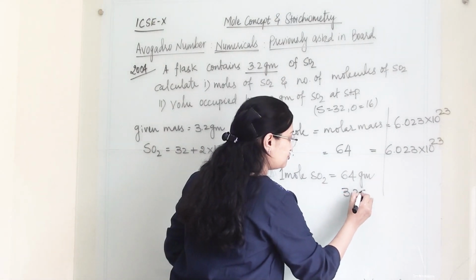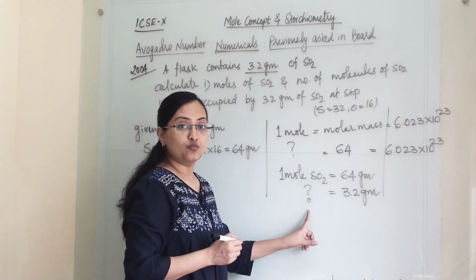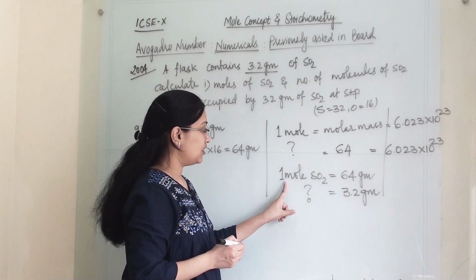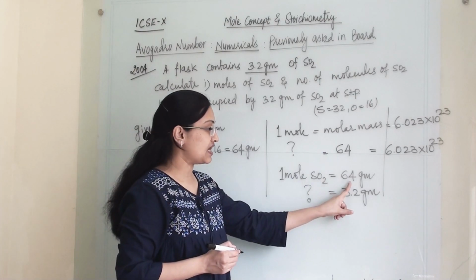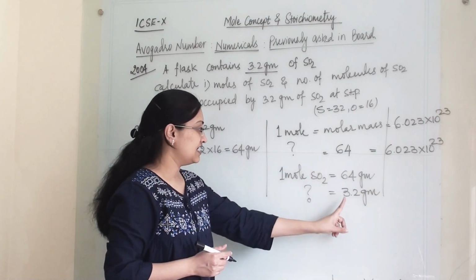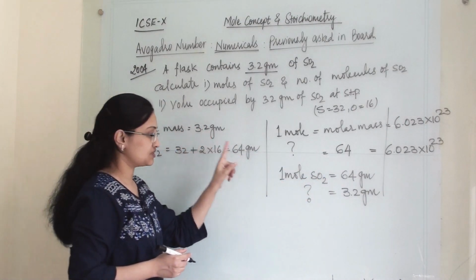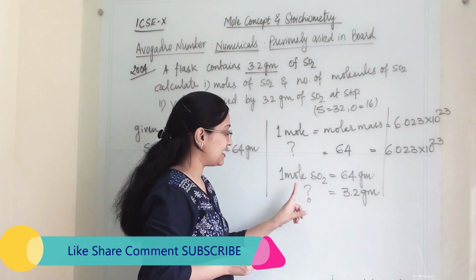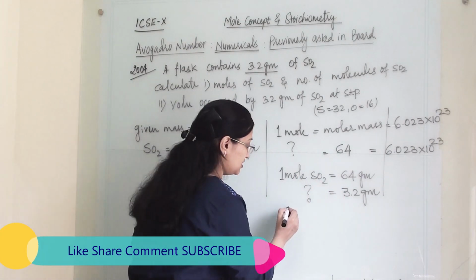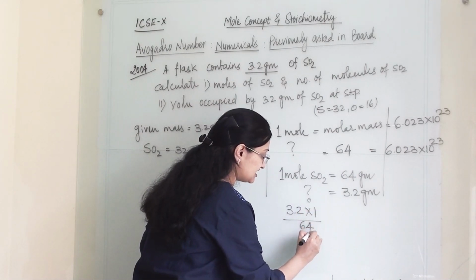Then 3.2 gram of sulfur dioxide has how many moles? 1 mole of sulfur dioxide weighs how much? 64 gram. Why? Because it is its molar mass. Then 3.2 gram, this weight has been given to us. So 3.2 gram has how many moles? So here 3.2 into 1 divided by 64.